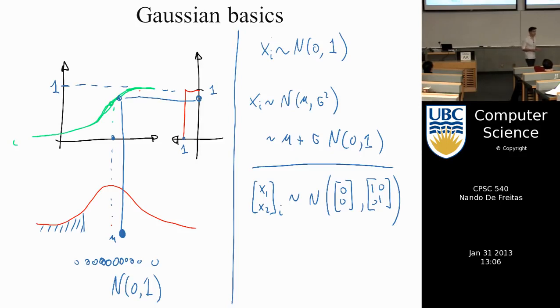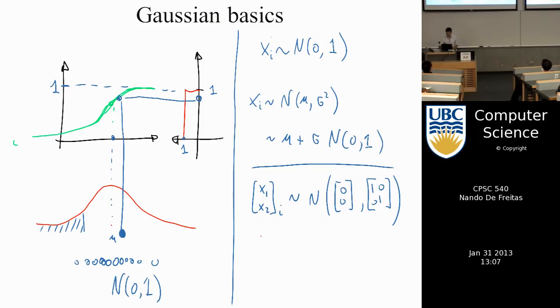They're not correlated because the off-diagonal elements are 0. That means that if we have the capability of drawing 1D random variables that are Gaussian 0, 1, we also now have the capability of drawing vectors, because all we do is we append them. We draw each component. We draw x1 from a 1D Gaussian, 0, 1, and then we draw x2 from a 1D Gaussian. And that's equivalent to drawing the vector x1, x2 from that Gaussian. Okay.